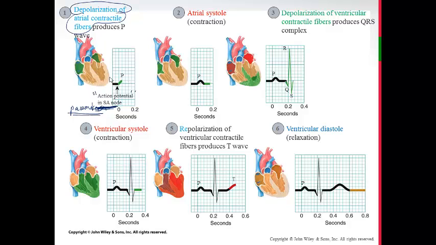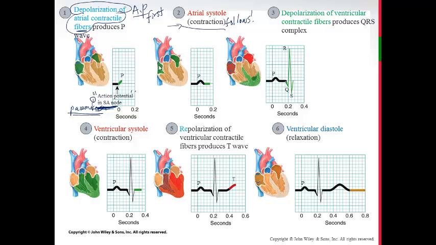Okay. So you always have your action potential first, and then contraction follows. That's one idea I want you to be able to remember. So you always have your signal first, and then your atrial contractile fibers start with contraction, so that you can see the contraction of the atrial walls here.